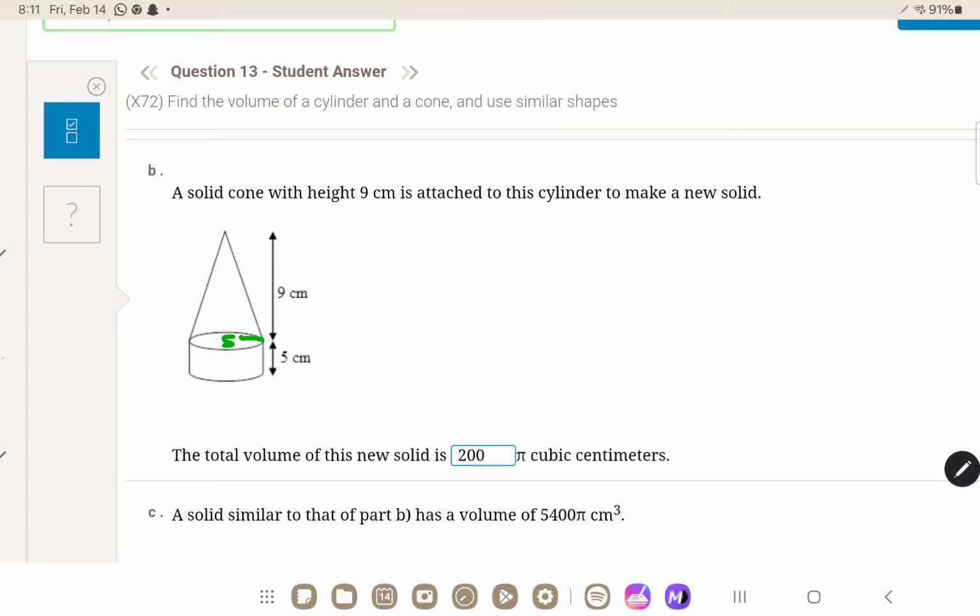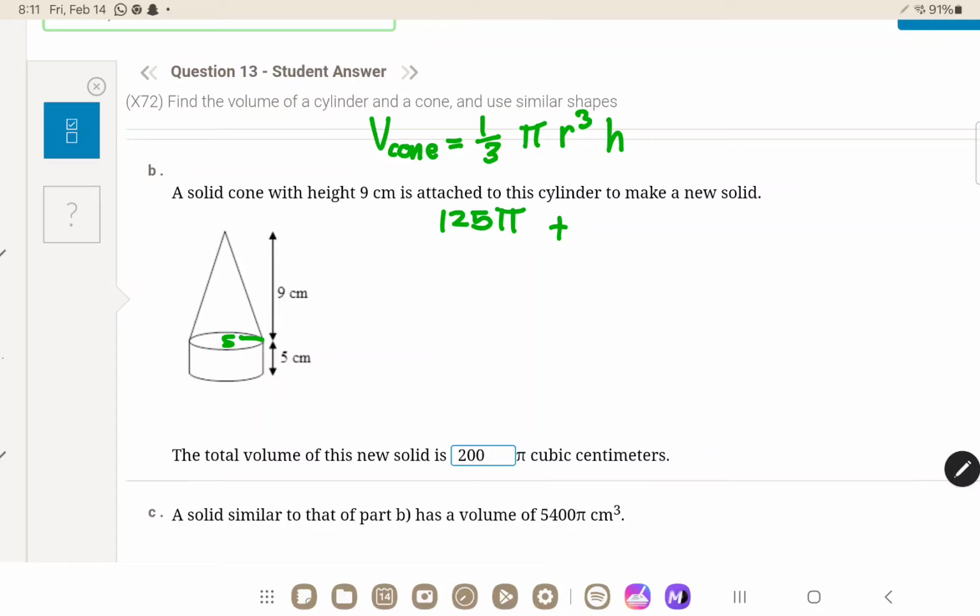Because now we need to add the new volume. So the new volume is going to be the volume of the cylinder, which is 125 pi, plus the volume of the cone. Now volume of cone equals a third pi r squared height, if I'm not mistaken.